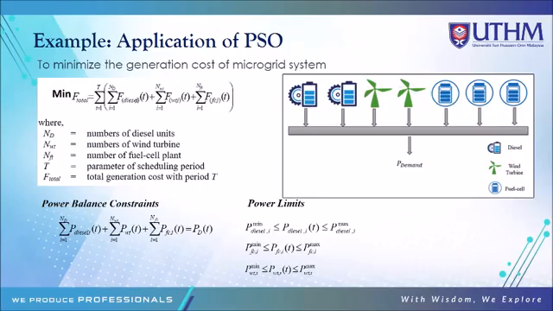If you want to use a hybrid, I have personal experience with PSO with ABC, artificial bee colony. I also have experience with PSO with the Firefly algorithm. Based on my own application, I found that PSO with Firefly works better than PSO with ABC.